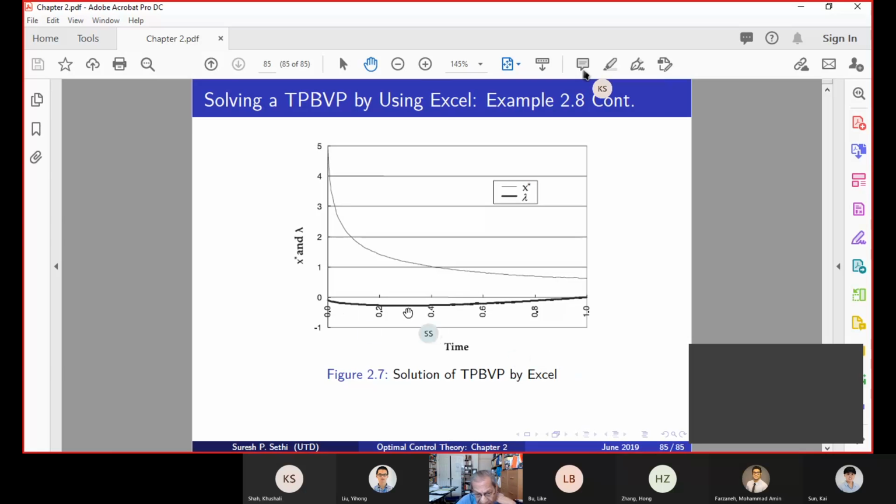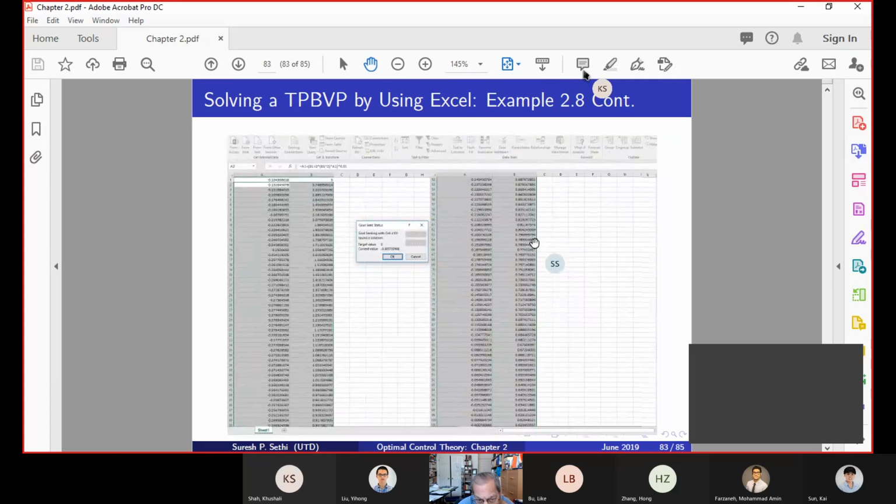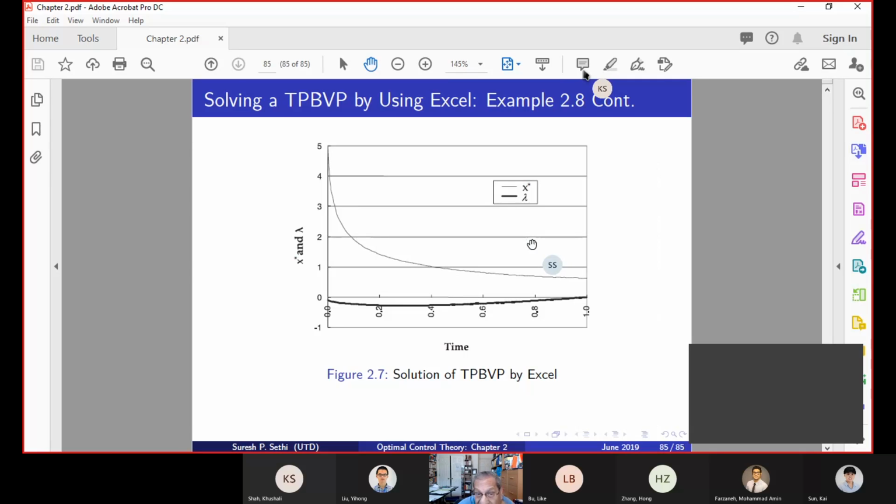You can see the lambda trajectory is going, eventually, this is the x trajectory. This is the optimal trajectory x, and the lambda trajectory actually goes to 0, whatever the guess is, it will make that guess. So Excel does that for you.